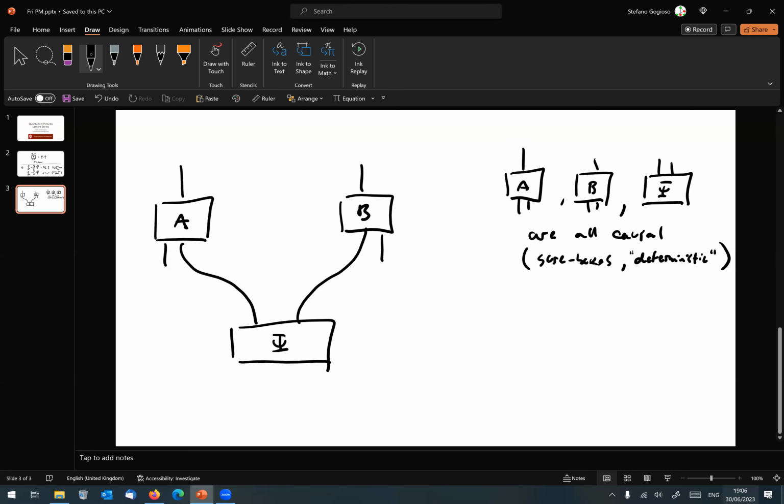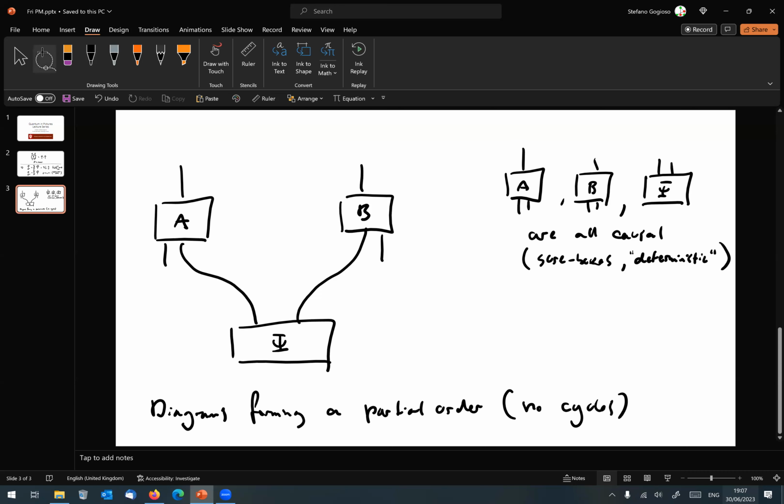If you have loops, then things become more complicated. So for now, we consider diagrams forming a partial order. So no loops, no cycles. And then we'll talk about how you deal with cycles in some cases.